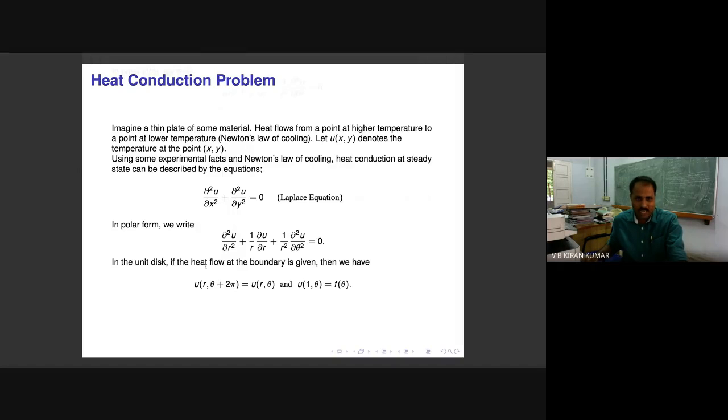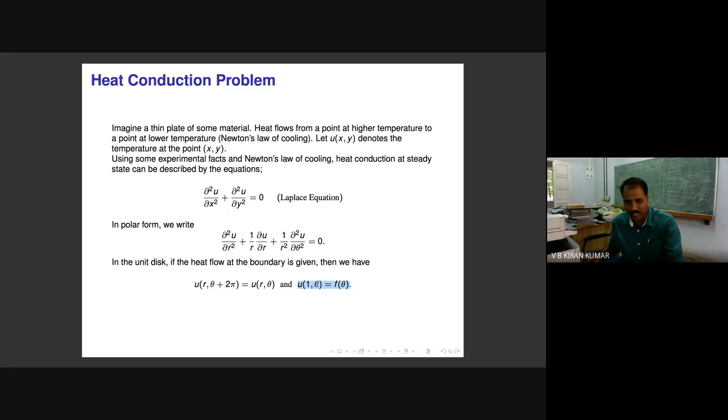Suppose the heat flow at the boundary is given. That is typically the situation. We know the heat conduction at the boundary. We are applying heat at the boundary, and we need to know the heat at a certain point. The boundary of the circular disk is when r equals 1. So that is given to us: u(1, θ) is f(θ).